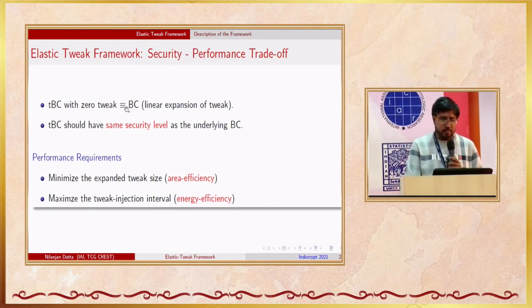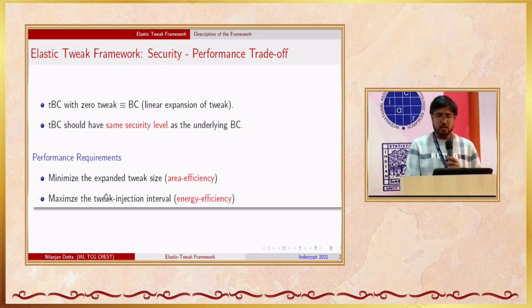Because we use a linear kind of expansion, the short tweak TBC, which we denote with small tbc instead of capital TBC, with 0 tweak is essentially the same as the block cipher. And what should be the security performance trade-off? This TBC should have a similar security level as the underlying block cipher.